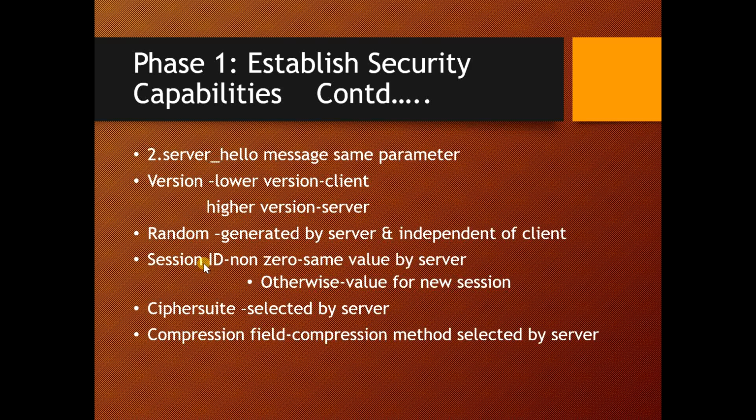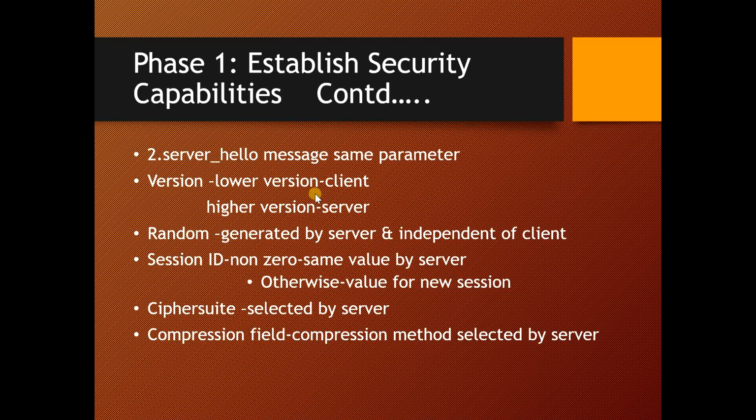The compression field contains a compression method selected by the server from those proposed by the client. So basically the server is responding with the hello by selecting certain parameters from the client.